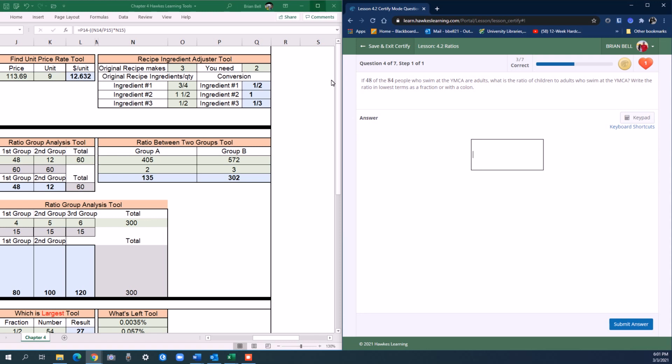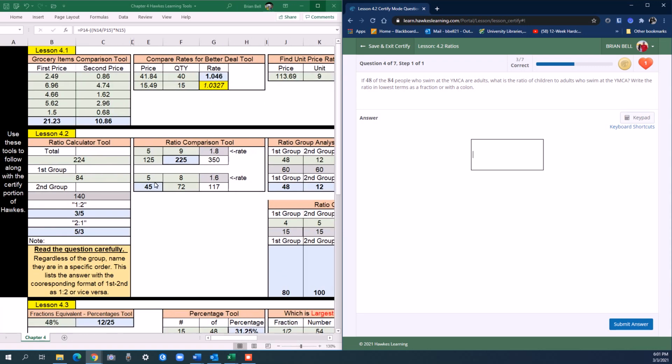If 48 out of the 84 people who swim at the YMCA are adults, what is the ratio of children to adults who swim at the YMCA? Write the ratio in the lowest terms as a fraction or with a colon. Okay, so 48 out of the 84 people who swim. This is going to be the first group.